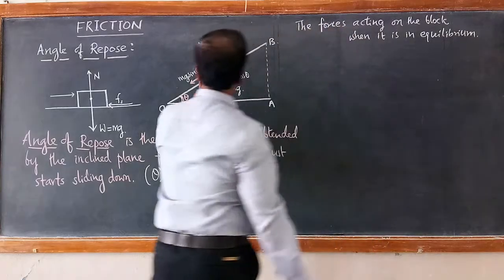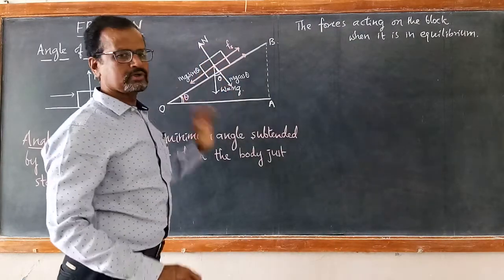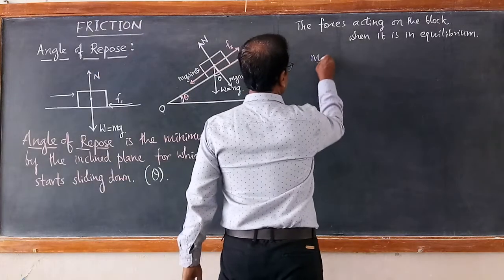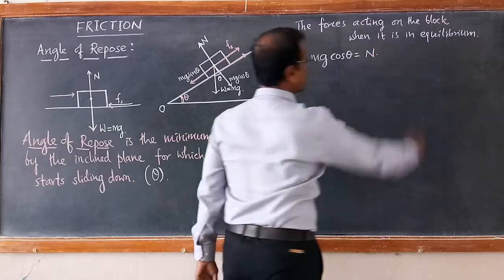See here, the normal reaction is balanced by mg cos theta. So I write mg cos theta is equal to the normal reaction force.